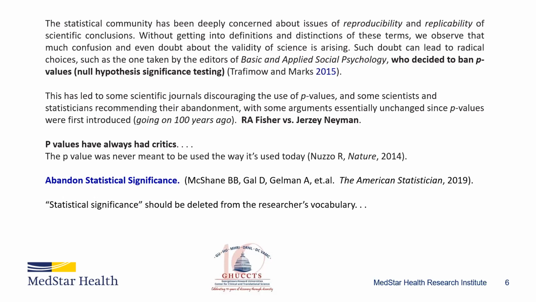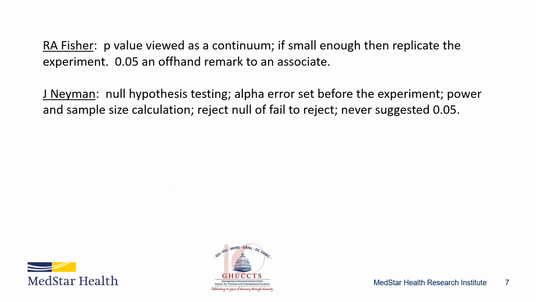The idea of p-values goes back 100 years now, to the work of R.A. Fisher and Jerzy Neyman. And in the Nature article, the author says that the p-value was never meant to be used the way that it's used today. And then there are some who are calling for, they actually entitled their article, Abandon Statistical Significance. That has not happened, and I don't think it will happen. But anyway, I hope to clear up some of the confusion about what we do when we do significance testing and what that means.